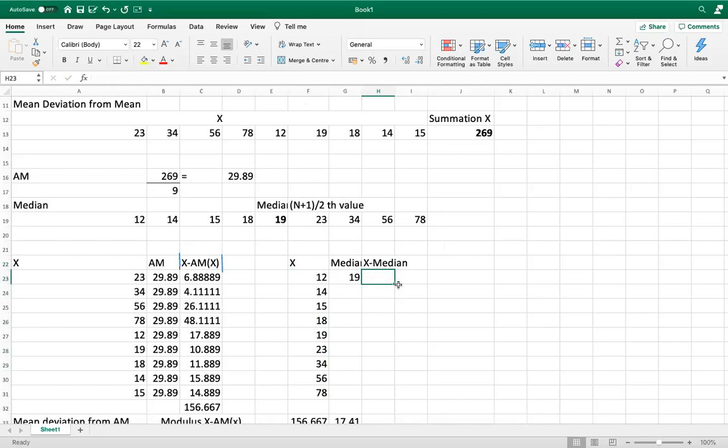So I'm going to say, same procedure I will apply here also. Modulus. Yes, the minus sign will be removed. Correct. First I'll copy, then I'll remove the minus sign. Okay, ma'am. So I'll write modulus.